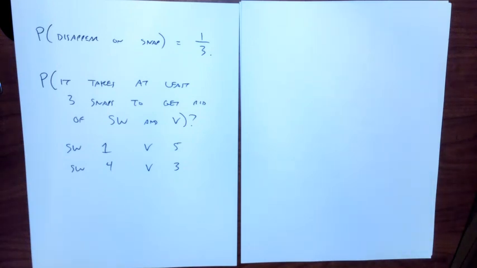So the better way to think about it is, what is the complement of this event? What are the ways this can't happen? There are really only 3 possibilities for the complement.